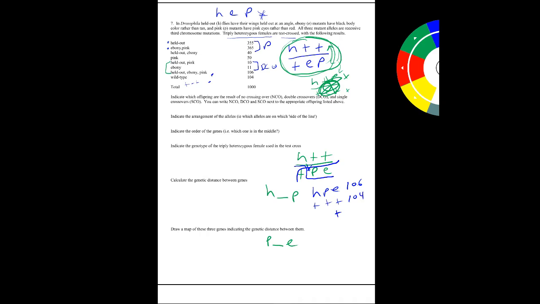Add in our double crossovers. Got 21 of those. Just always add those in. What do we got? We got 210 plus 21 is 231 over 1,000. So that is 23.1 map units.